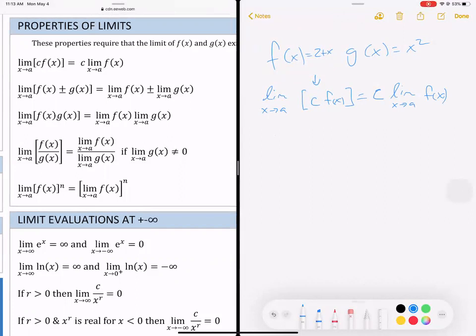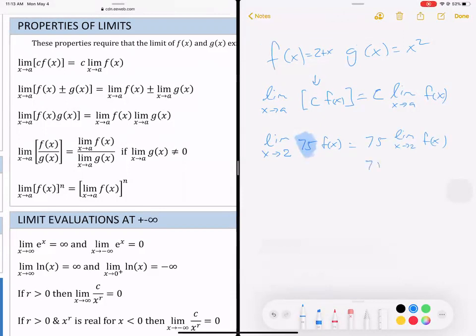If I say the limit as x approaches 2 of 75 f of x. Okay, seems kind of silly, but see how 75 is a constant? 75 is a constant for us. So instead of worrying about the 75, we can just write the 75 on the outside. And then we just write the limit as x approaches 2 of f of x. We know what f of x is. It's just 2 plus x.